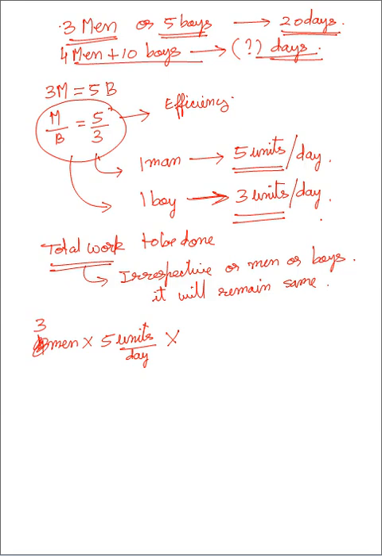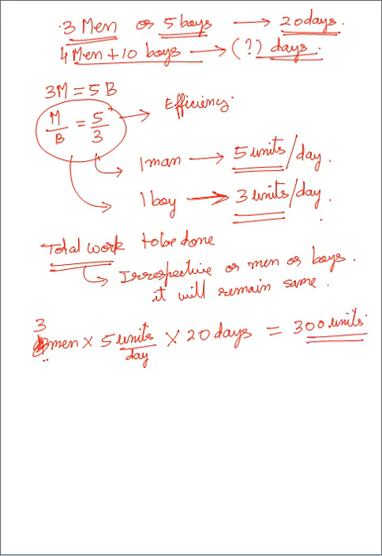So here 3 men are working for 20 days, and one man's efficiency is 5 units per day. So it will be 3 into 5 is 15, 15 into 20, that is 300 units. Okay, 300 units of work has to be completed.